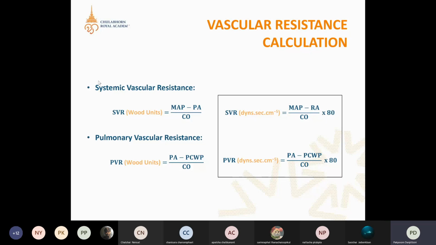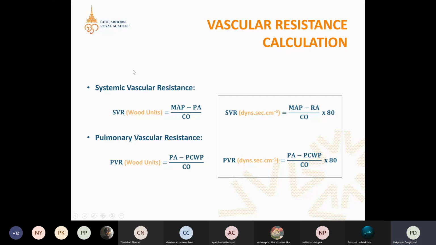So we have the starting point and the end point of the systemic circulation. We can use the arterial pressure and the pulmonary artery pressure, find the difference, and then divide by the cardiac output. You will finally get this SVR value.